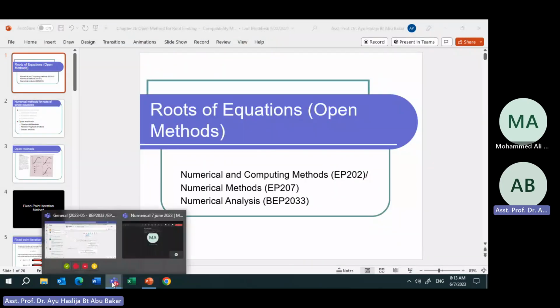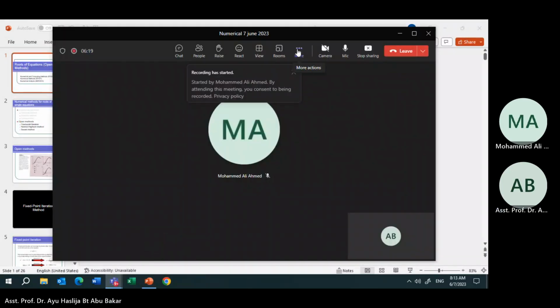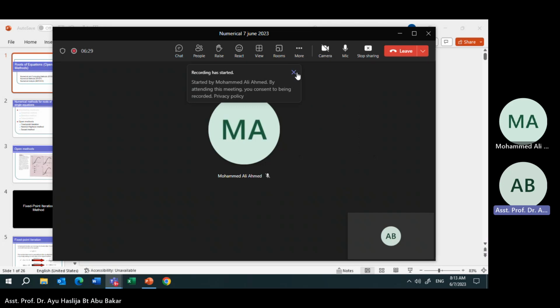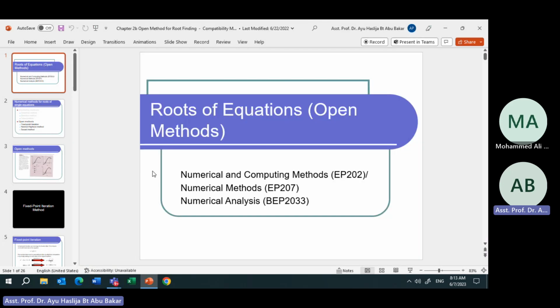Now we proceed with the open method. Last time in bracket, you were given 2 points, a lower range and an upper range. That one is bracket.